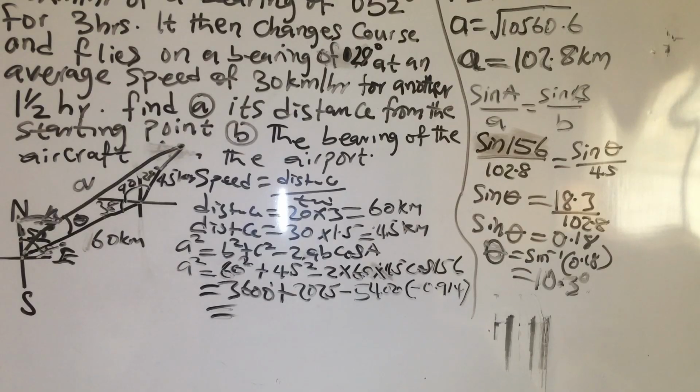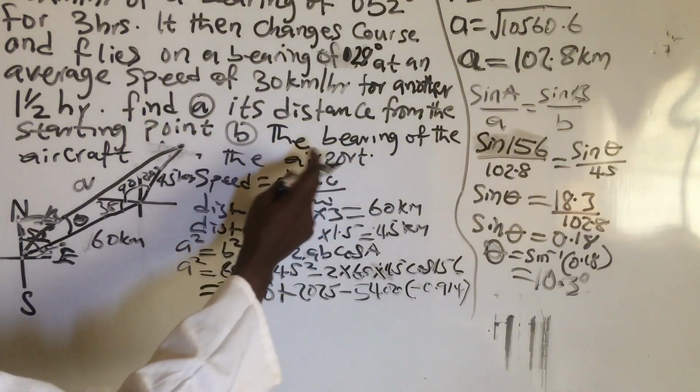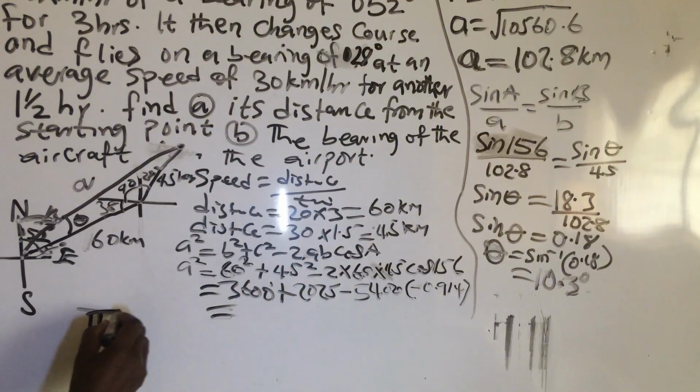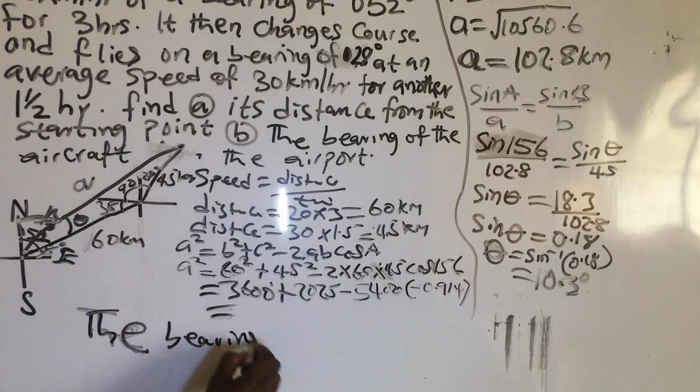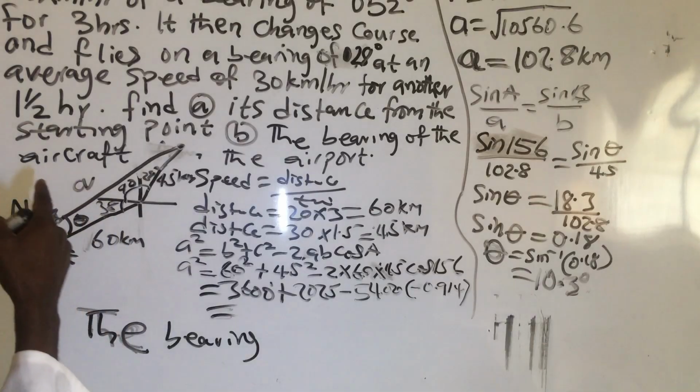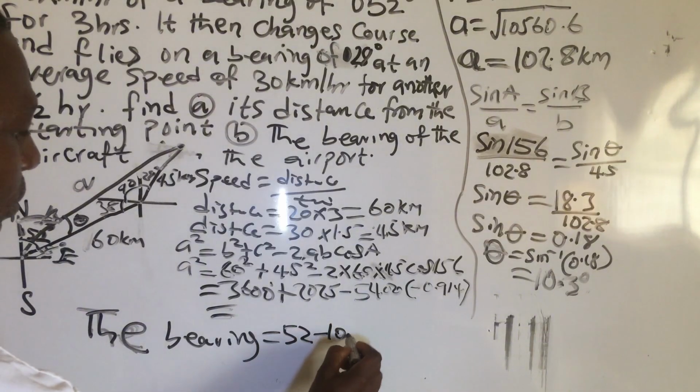Now let us find the bearing. The bearing of the aircraft from the airport will be equal to the 52, which we already know, minus the angle we calculated here, which is 10.3.